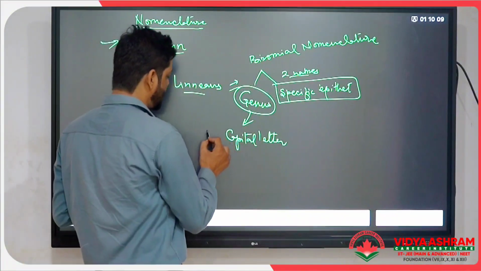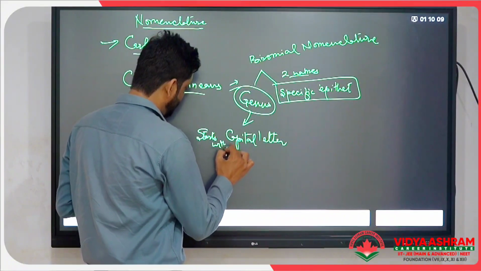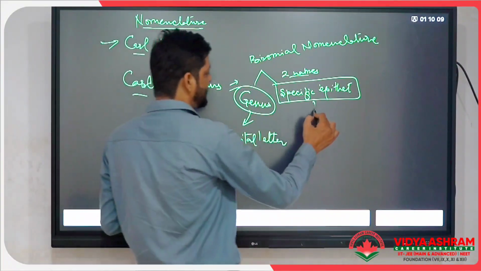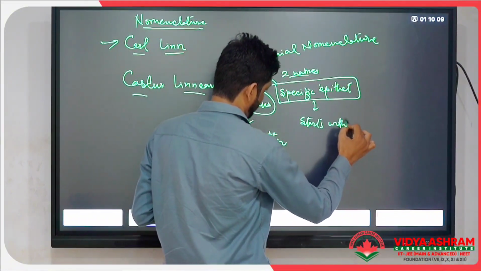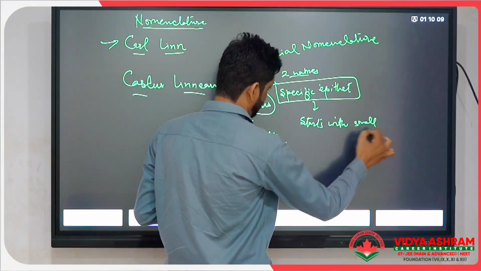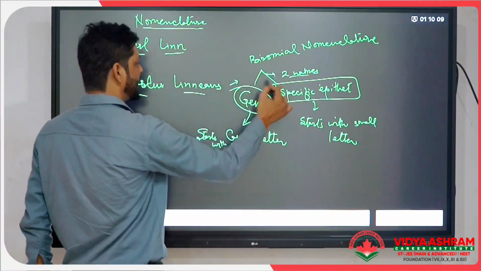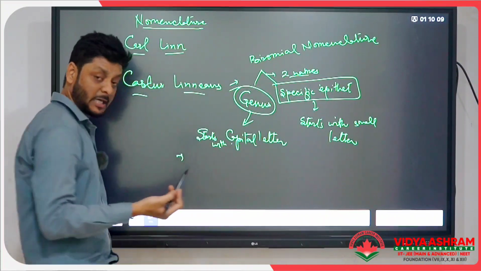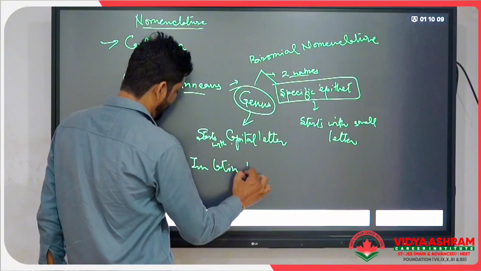The genus starts with a capital letter, and the specific epithet starts with a small letter. The second rule is that it is always in Latin language.